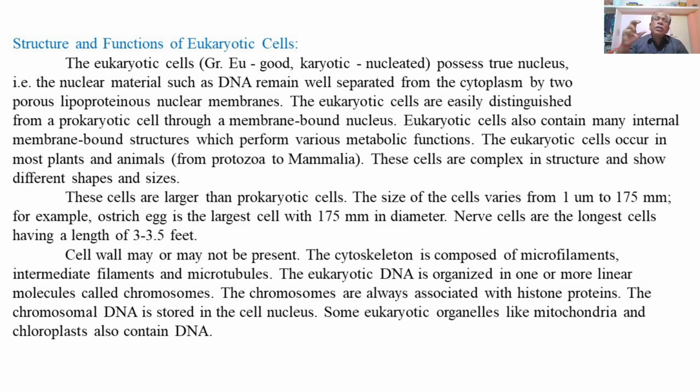So the nucleus, with a definite nuclear membrane, together with the cytoplasm of the eukaryotic cells, contains different types of internal membrane-bound structures or cytoplasmic organelles like endoplasmic reticulum, Golgi bodies, mitochondria, lysosomes, and chloroplasts, which are called cell organelles and are present in the cytoplasm of the cells.